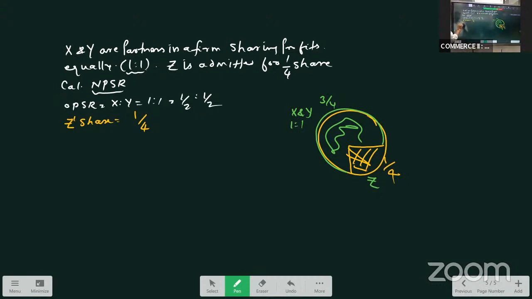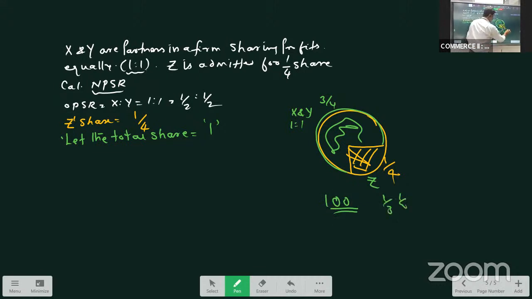Okay then. So how do we start? Let us assume, let the total share be 1. Whenever we talk about proportion, like 1/3, 1/4, 2/4, the total should be assumed as 1.